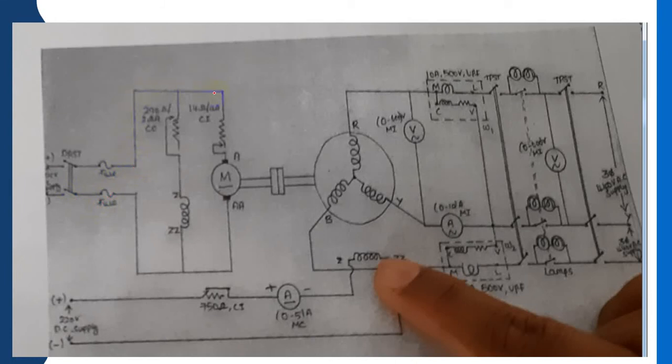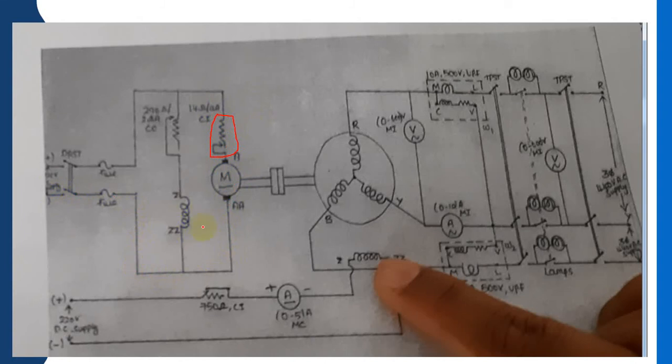The connecting wire is connected to the armature via a rheostat. Again, to add resistance or to limit the current, we are using a rheostat, and from the rheostat it is connected to the armature of the motor. From the armature, again back to the supply through connecting wires.